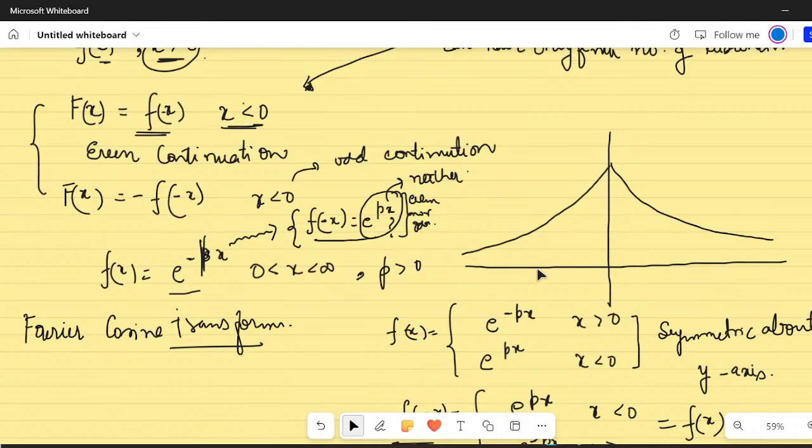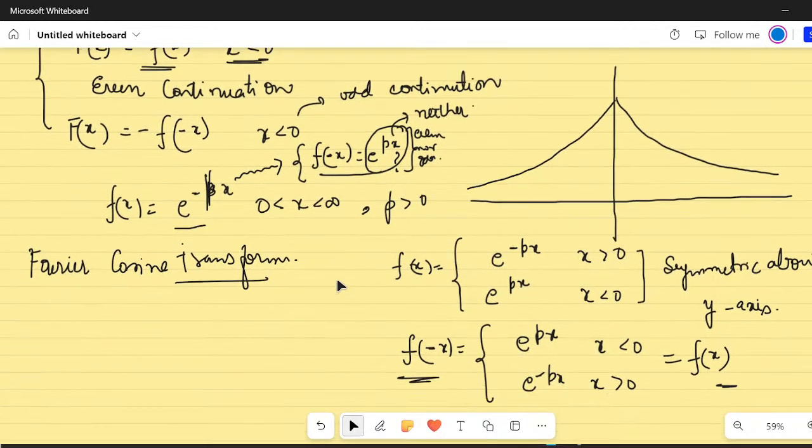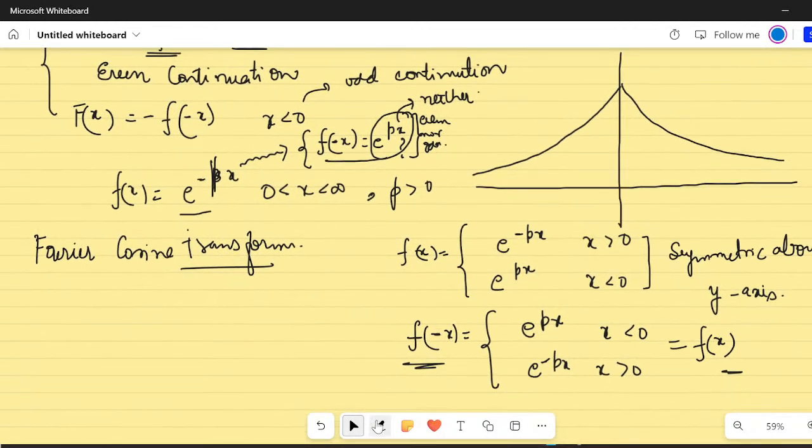Now you know that the Fourier transform of an even function would yield you a Fourier cosine transform. Since this is an even function, you can clearly write here the Fourier cosine transform. The formula is given by G_c(k) is simply root over 2 upon pi, integral from 0 to infinity, of this particular function.